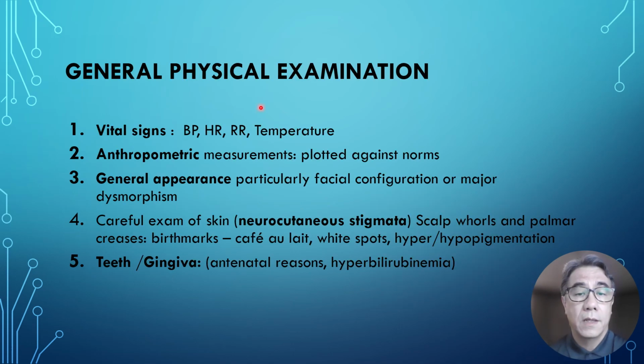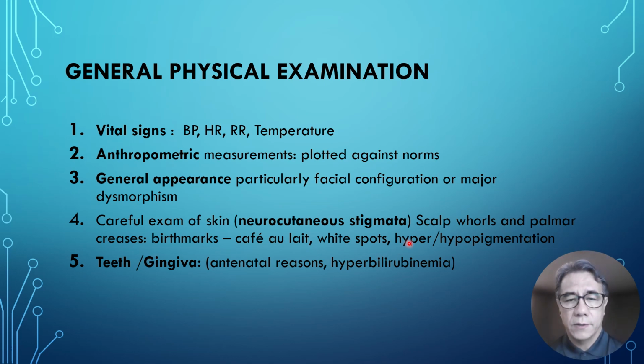So, in the general physical examination, you should plot the anthropometric measurements on the curve, plot it against the norms, whether it's z equals 0, plus 1, plus 2, or minus 1, minus 2, or worse than those. And always take a step back to look for any particular change in facial configuration or dysmorphism as far as the patient's physical features are concerned.